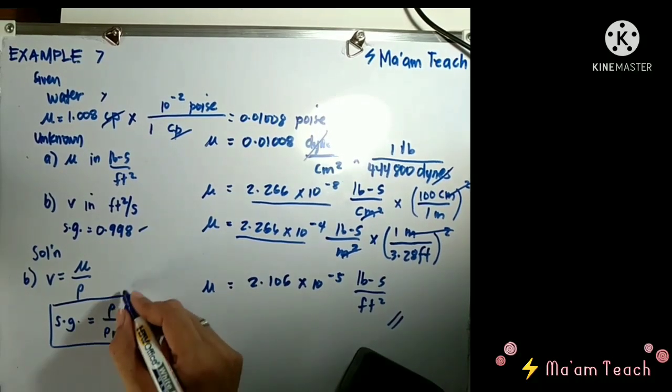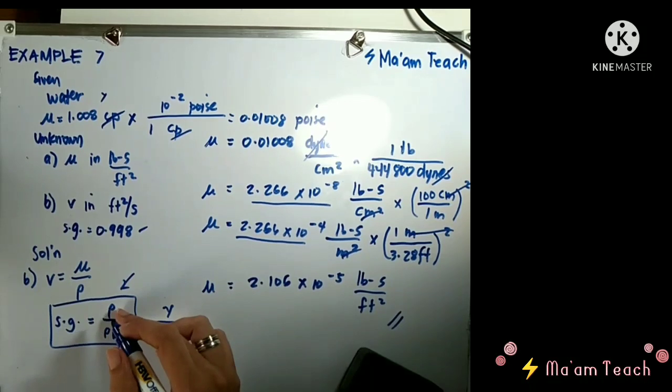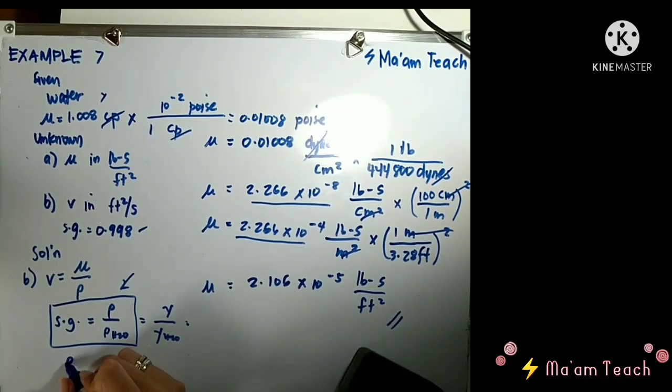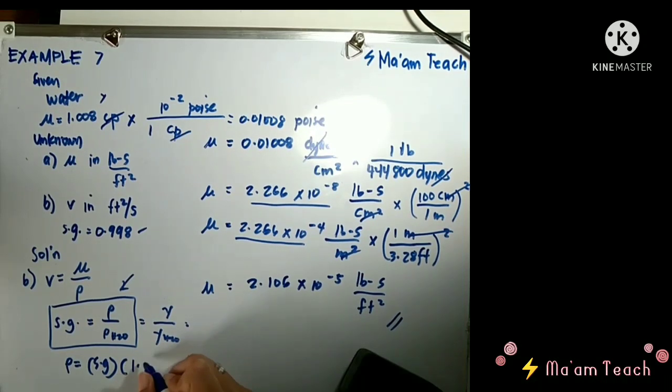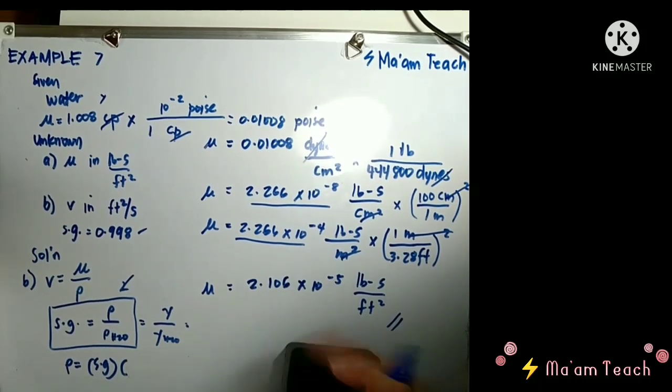So we are trying to solve for the value here. So what we will do is multiply: specific gravity times your density, which is 1.94, or your density of water.